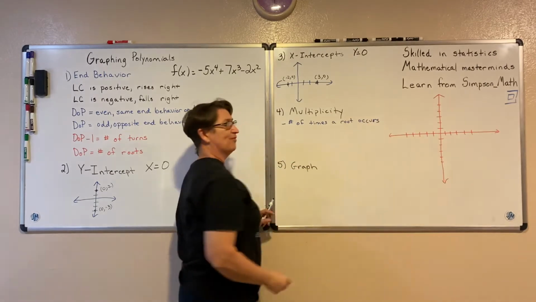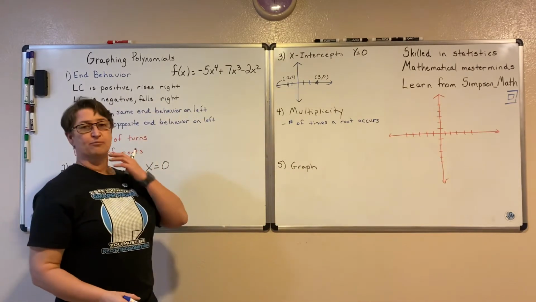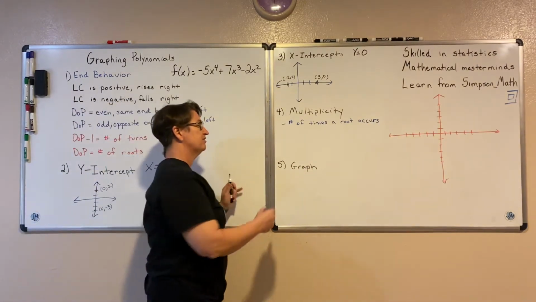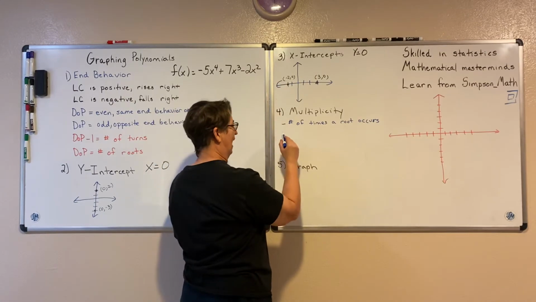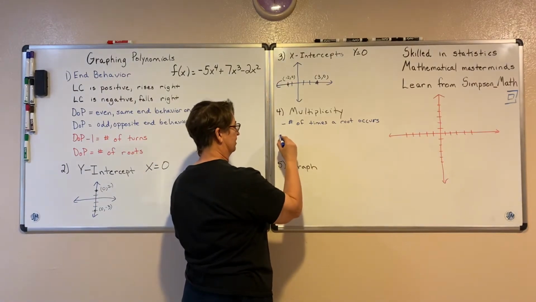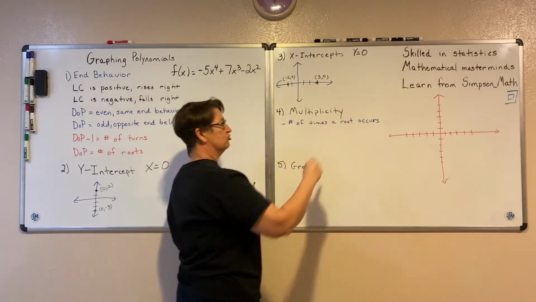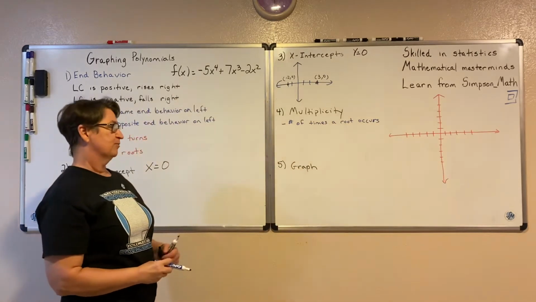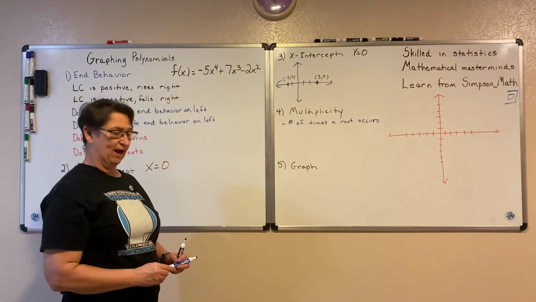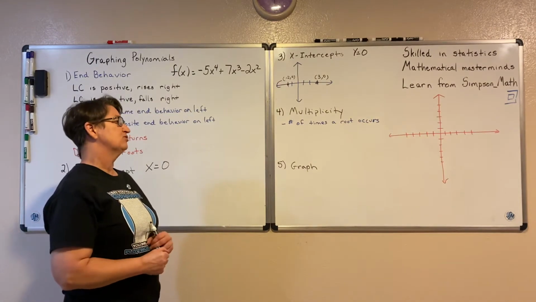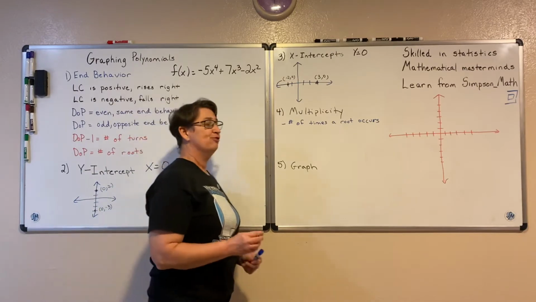And we'll talk more about that here in a little bit as we do the graph. It's going to tell us what happens at that point. It's going to tell us if it crosses the graph or if it turns at that particular point. And then the last thing we're going to do is graph it. So let's go through and look at those pieces.